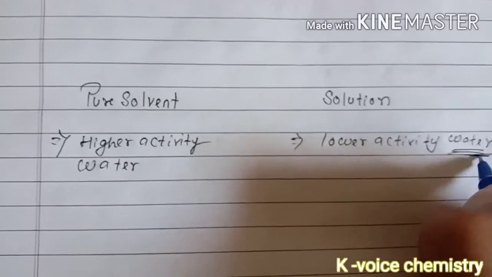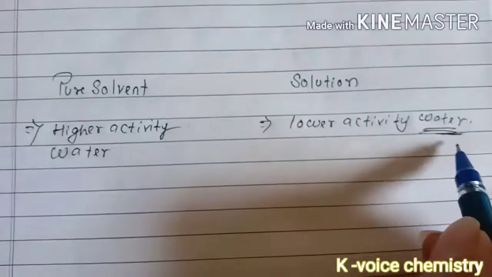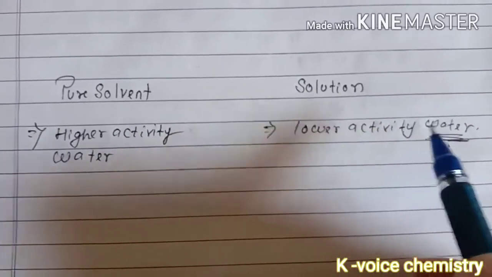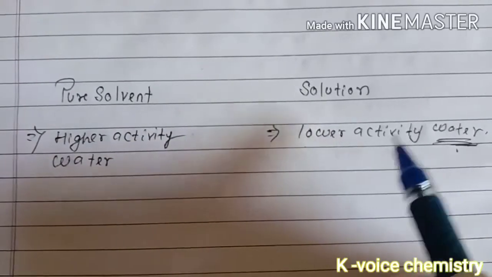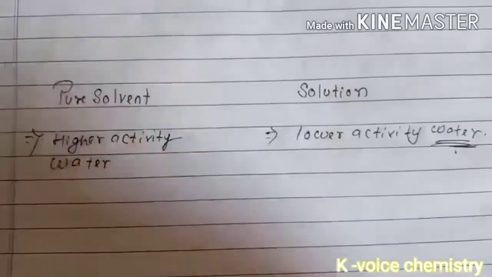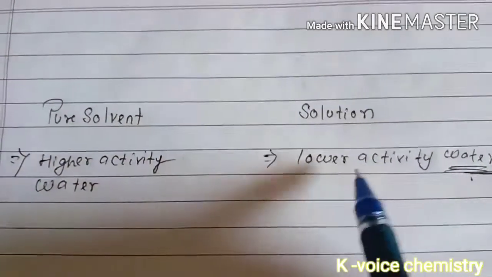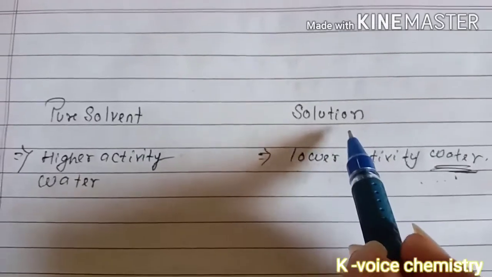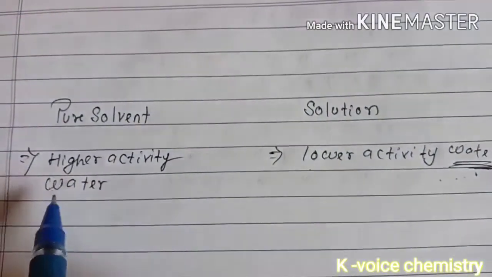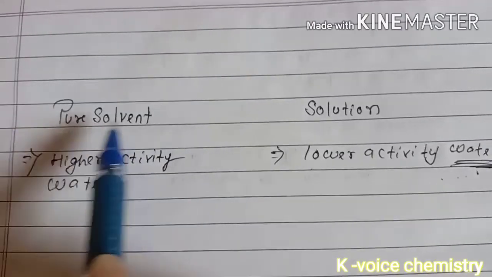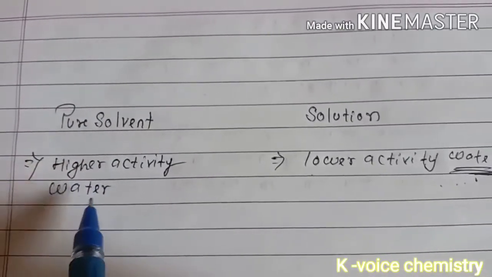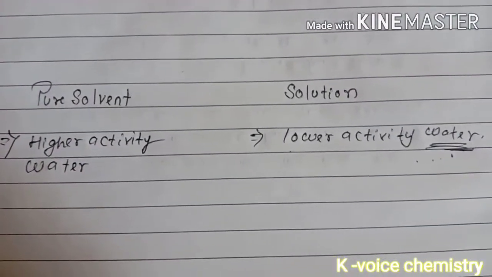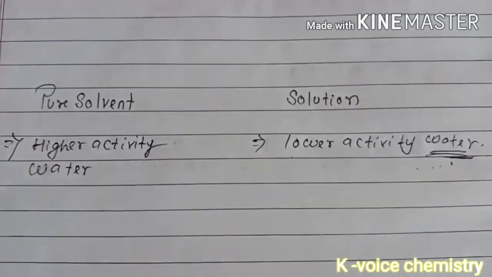Now this water is basically the solvent. In the case of this solution it will have a lower activity, because in solution there is also one component, that is the solute. Due to the presence of the solute, the solvent present in this solution will be of lower activity, and as this is a pure solvent, the water present in it will be of higher activity. So now let us see the diagram.